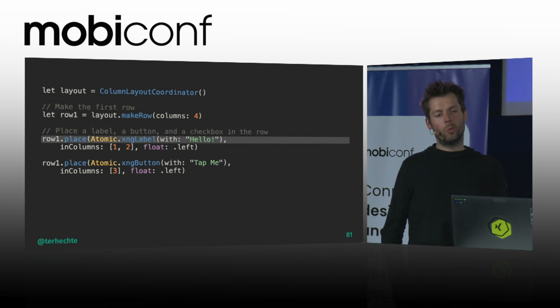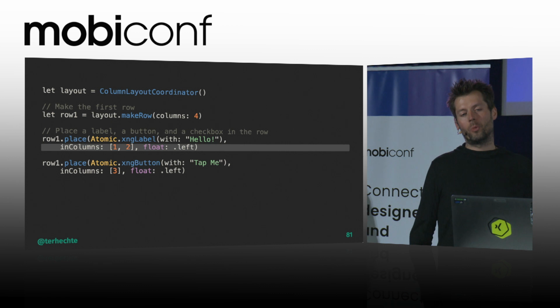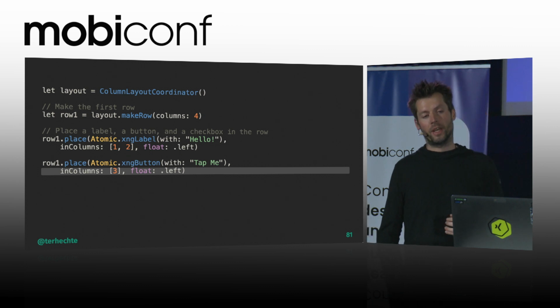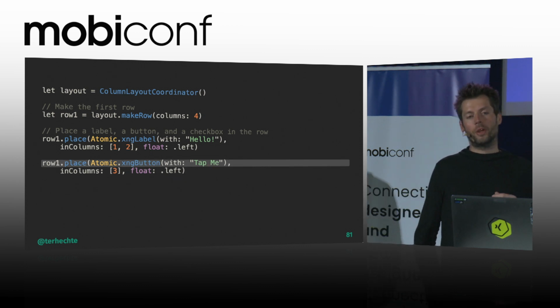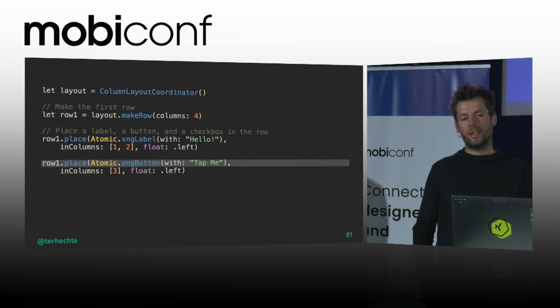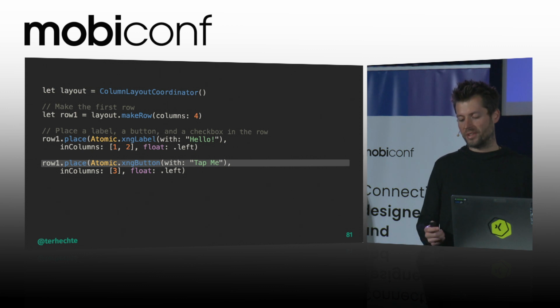In this row, we place a label in the column from 1 to 2, and it's floating left. And here, we place another label in column 3, and it's floating left again. By using this pattern, you give the developer a bit more flexibility. He can take this, and he can use this to implement designs in a specific way.